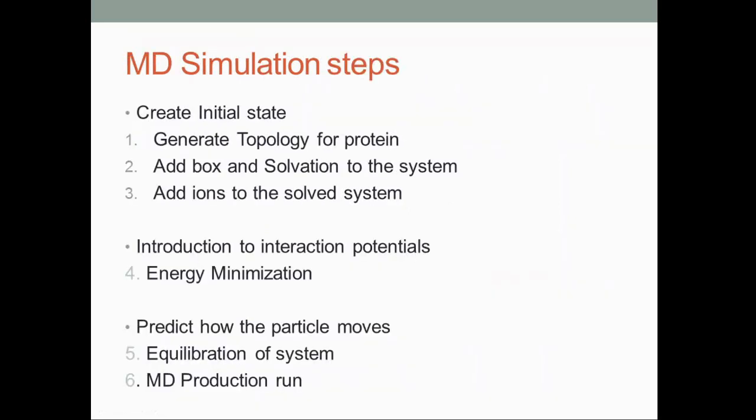Now, what are the steps of molecular dynamics? There are three crucial steps: creation of the initial step, then introduction to interaction potentials, and third, predicting how a particle will move. This particle can be any of your biomolecule, as I stated earlier. In the creation of the initial step, there are three substeps. One is to generate a topology file for the protein. Second is to add a box and add the solvation of the system.